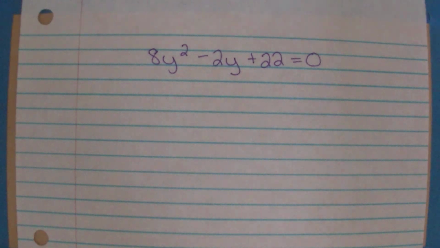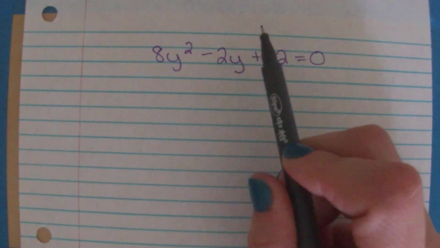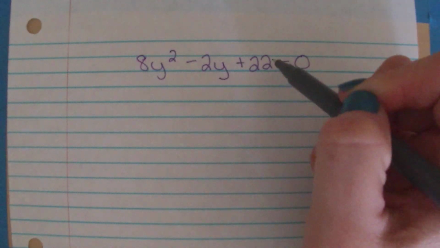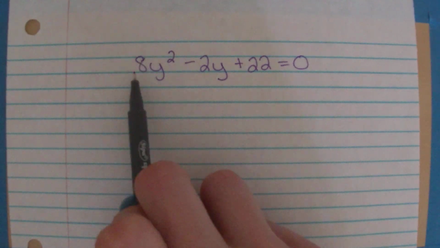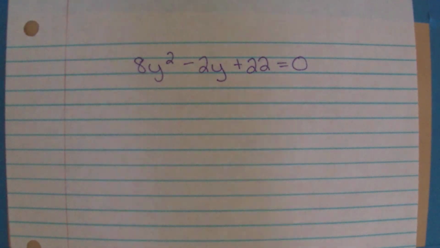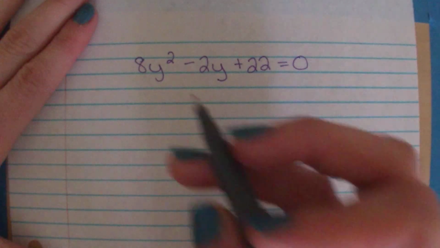We don't want to solve this by taking a square root because it has a y to the first power. Factoring, I mean, I guess if you want to take 8 times 22 and then make an entire list and see if you can get something that gives you -2, because you're not guaranteed that it'll be factorable. So you'd just be checking and potentially wasting time. Completing the square, right? We don't have a equal to 1, so we don't go there.